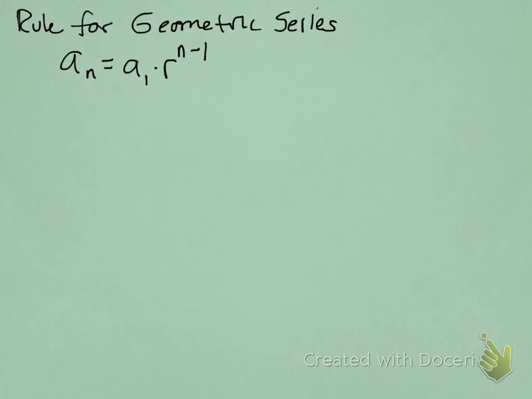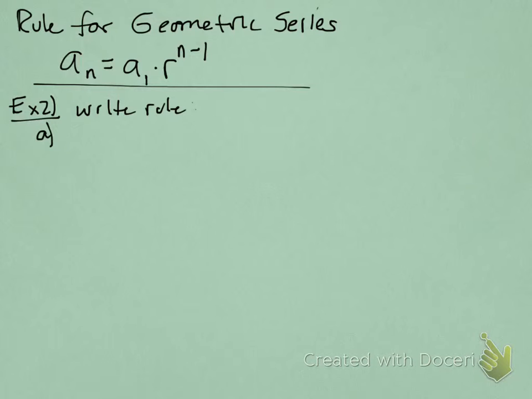Okay, so I'm going to quickly pick a couple of examples and show you how that can be used. In example 2, I want to write the rule. For A, let's say the sequence is 4, 20, 100, dot dot dot, keeps on going forever.